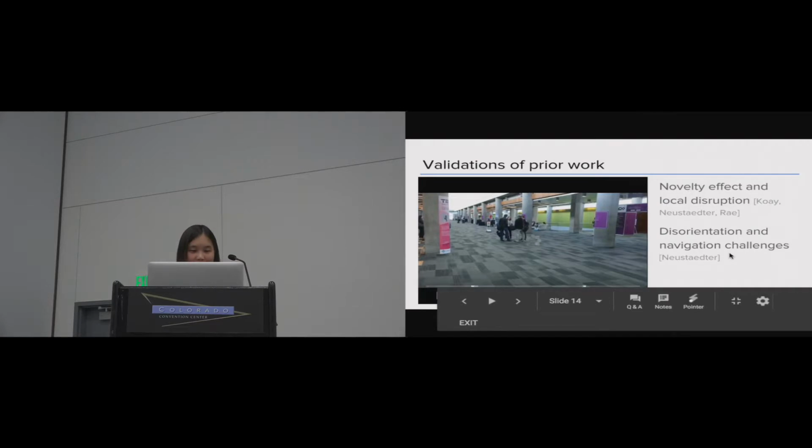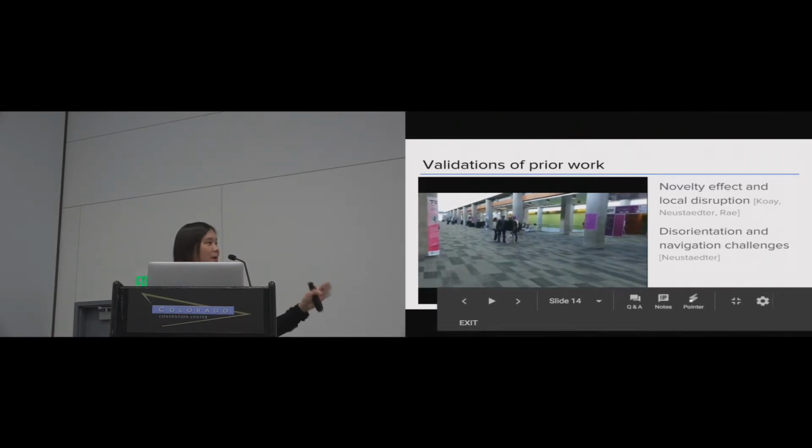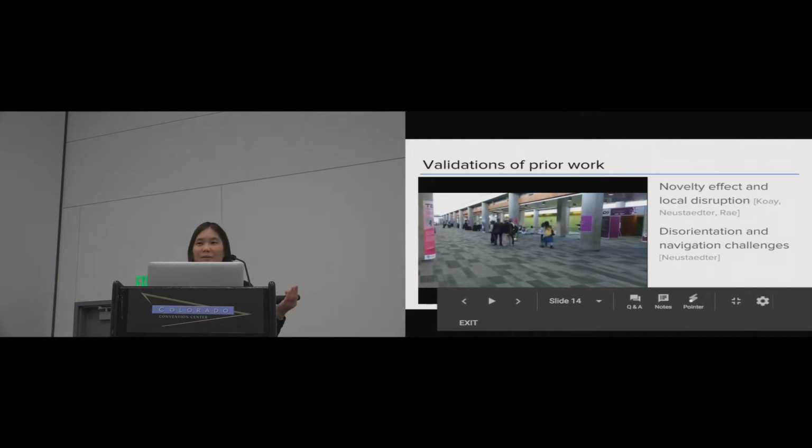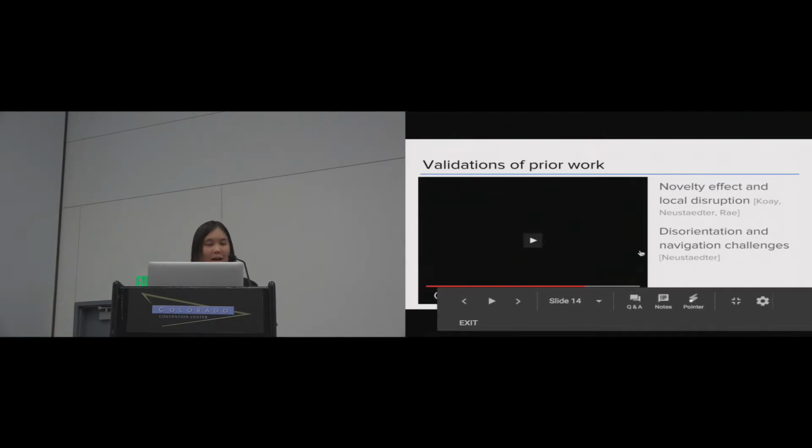Basically, this is a remote user who's trying to get to a particular location, and they're getting stopped not just by this group right here, but they're also getting intercepted by other attendees who are running up to flag them down to take selfies or photos. So obviously this is a bit of a distraction.